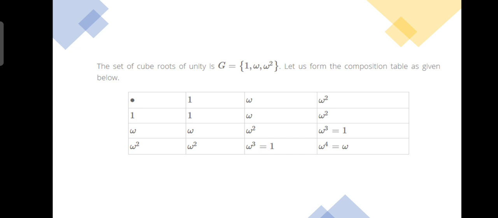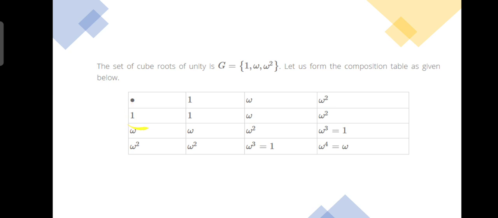Let us draw its composition table. First of all, we have to know what the binary operation on this set is. For this set, we are taking the binary operation multiplication. Then we'll write the elements in the horizontal form and then in the vertical form, and then we'll start combining the elements with the help of binary operation multiplication.